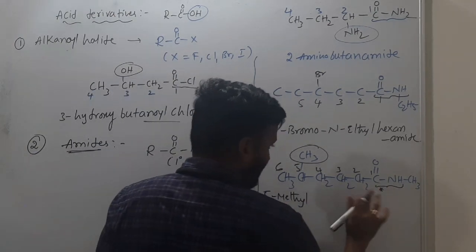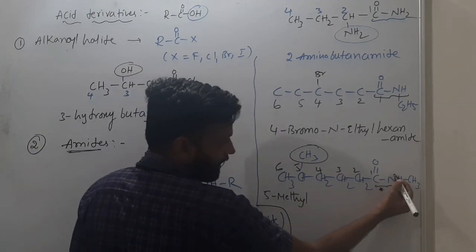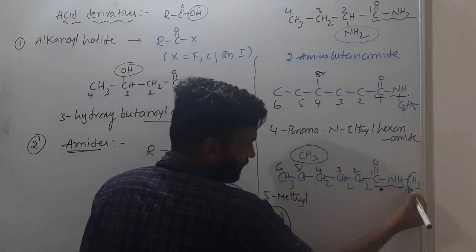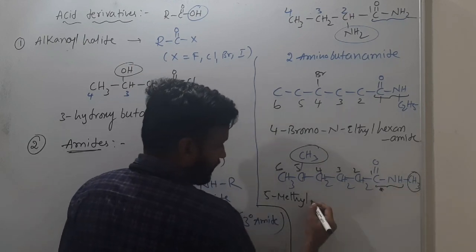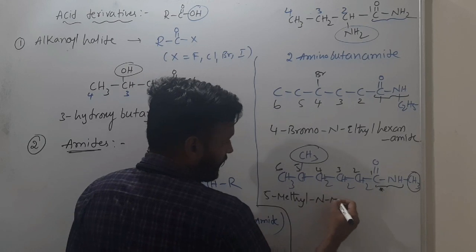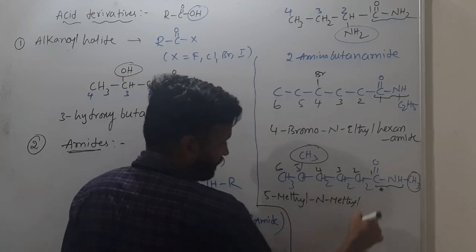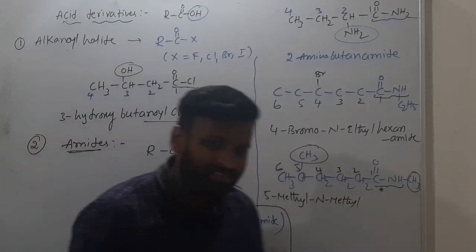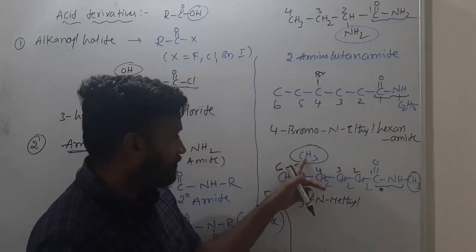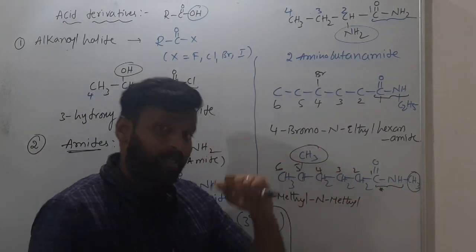Next, before the root word, this nitrogen has a methyl. Correct? This methyl is attached to whom? Nitrogen. So I will write N-methyl. Why did I write N-methyl? This is methyl and this is also methyl, so can I write dimethyl?